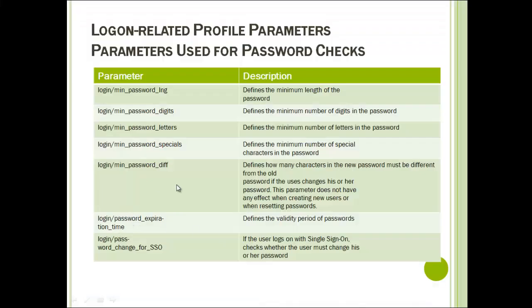The next parameter we are going to see is the login password expiration time. This defines the validity period of the password. This is again a very important parameter. The validity period of the password needs to be defined in each system.